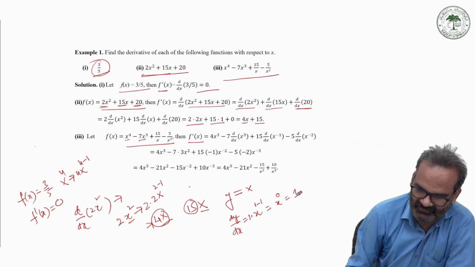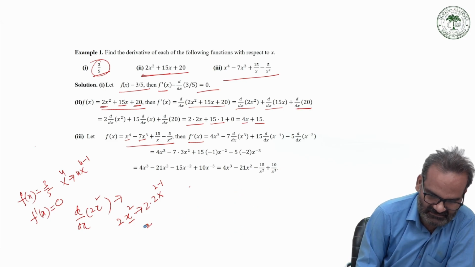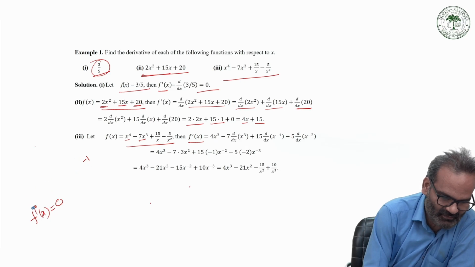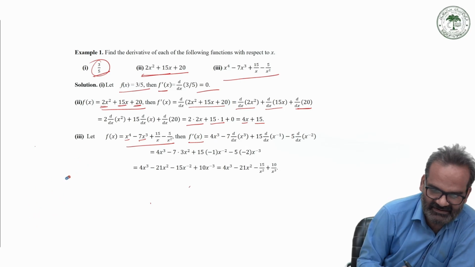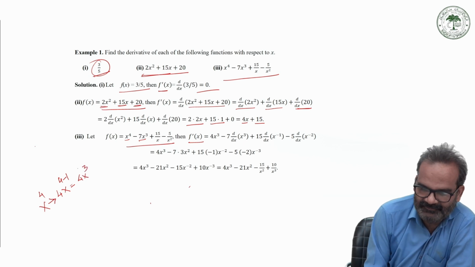What is the derivative of x power 4? Now I have written it directly because this is not the first exercise. Think over it before I proceed. x power 4 by the formula of x power n, 4 x power 4 minus 1, that is 4x power 3.